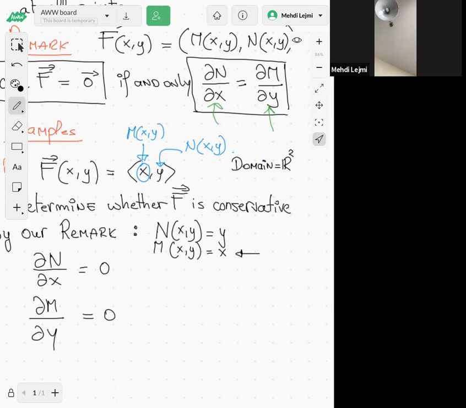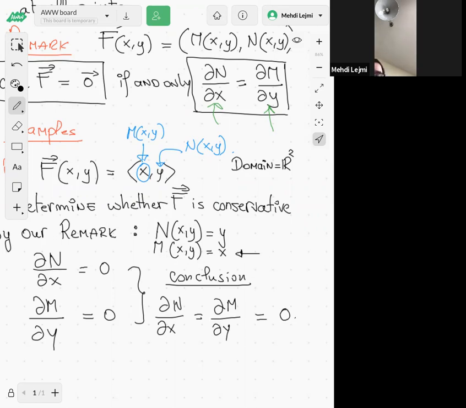So the derivative of M with respect to y is 0. The conclusion here is that the partial derivatives are equal: the derivative of N with respect to x is equal to the derivative of M with respect to y. Both are equal to 0.